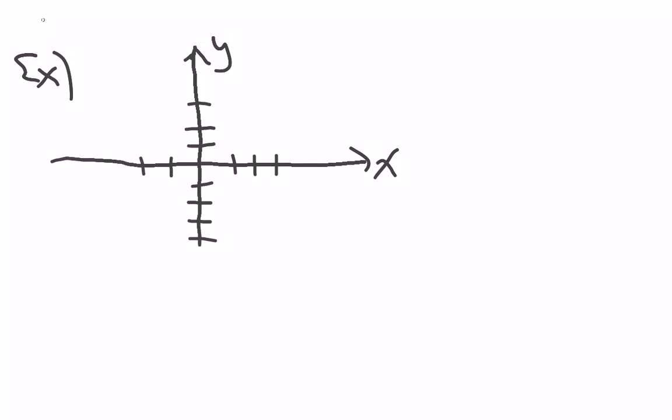All right, and we need to draw our equation. Okay, so here they give us our equation. Now we want to write the equation in slope-intercept form. Okay, so in order to write slope-intercept form, we need a y-intercept and we need a slope.